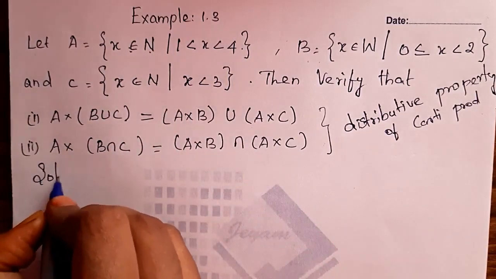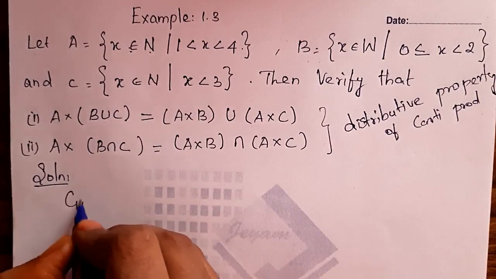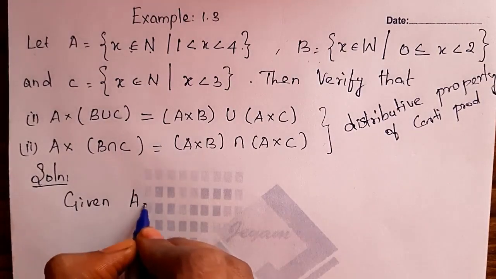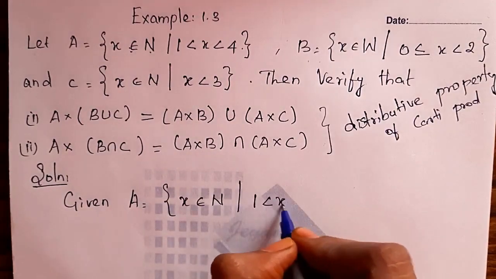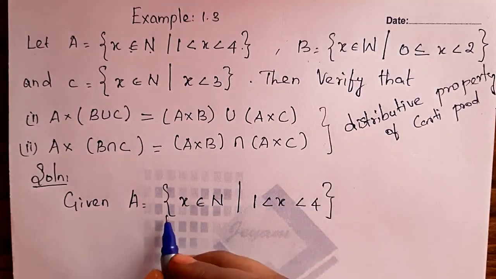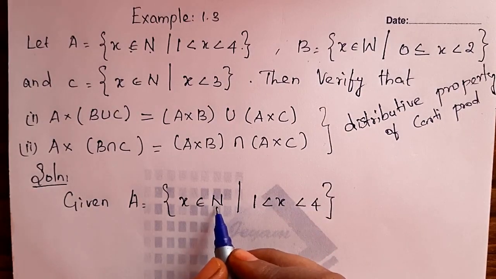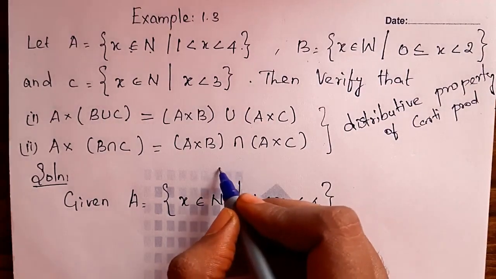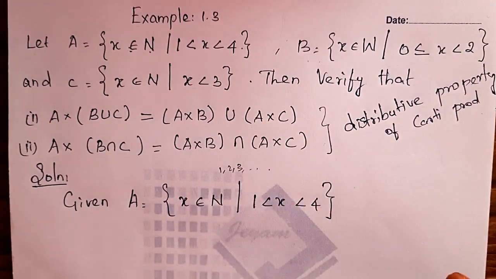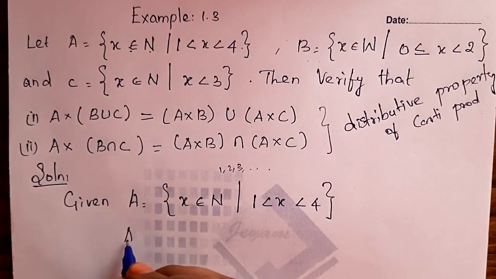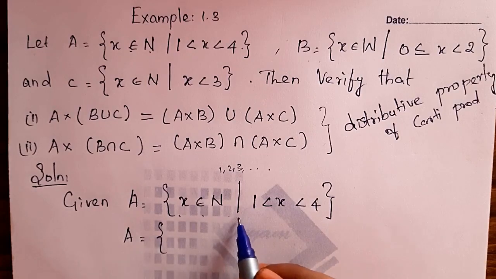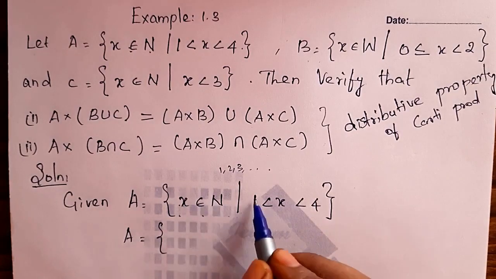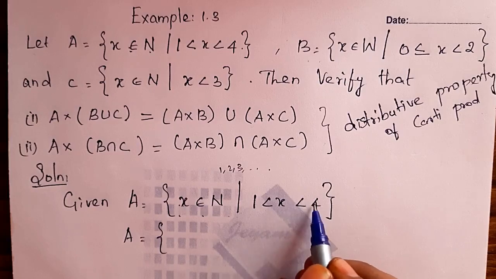So, solution. Given A equals the set of all x belongs to N such that 1 less than x less than 4. Know that N means the set of all natural numbers. Natural numbers start from 1, 2, 3, etc. So our elements are between 1 and 4.